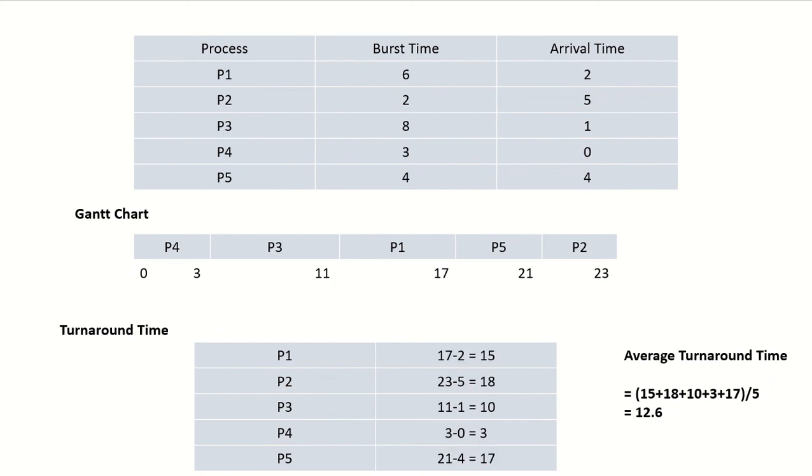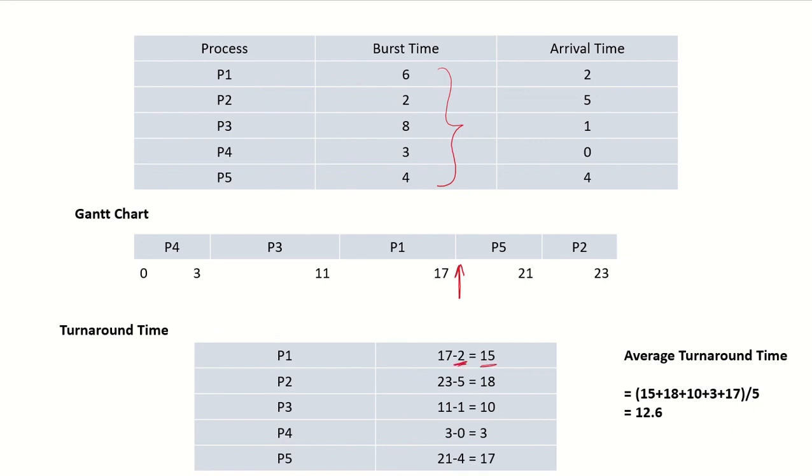Now let's compute the turnaround time. We had seen earlier that turnaround time means the time at which it came in the ready queue and it terminated. So assume that each process required only one CPU burst. If that is the scenario, then we know that P1 terminated at 17 and it arrived at time unit 2.